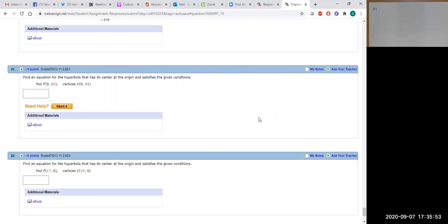What do they tell us? They give us the foci, which is basically 0, 6, and 0, negative 6. And they give us the vertices, which are 0, 1, and 0, negative 1. Oh, they tell us the center is at the origin.